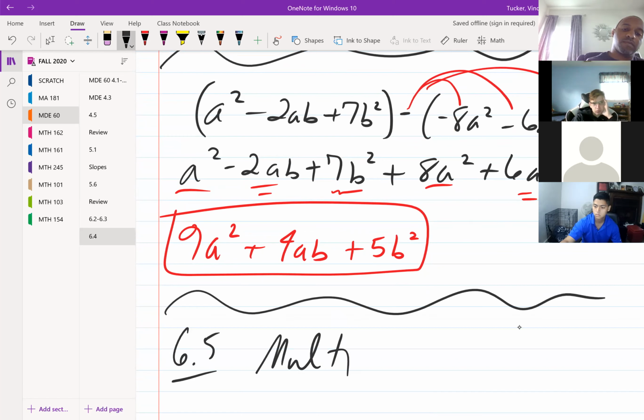So we'll do 6.5 and then call it a day. So multiplying polynomials.